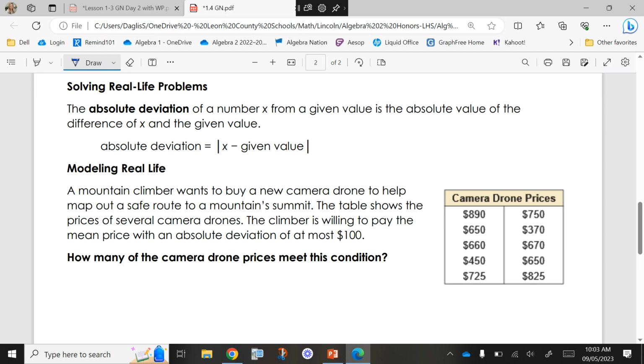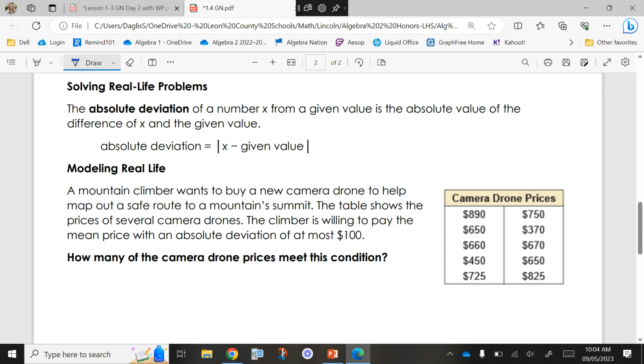It wants to know the mean price, or the average price, of these camera drones. So what am I going to do with these 10 values? We're going to add them up and divide by 10. There's not a mean button on the calculator. I feel like if they come in, you can program a mean. There might be, but we're just not going to use it right now.